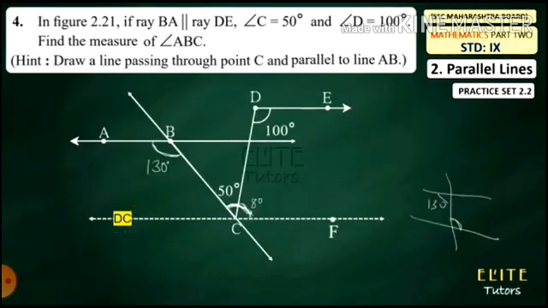Now we will take the other side. We will extend ray AB and ray BC. AB and CF are parallel and BC is a transversal. So by the alternate angle property, a Z shape is forming. So we can add these two angles, 80 and 50. Now we apply the alternate angle test.